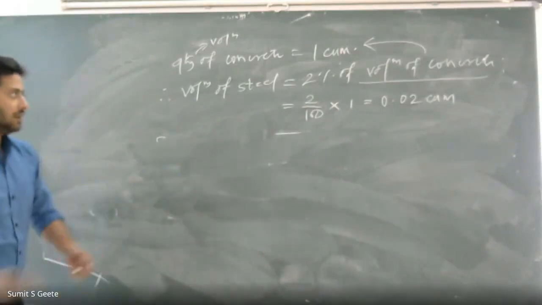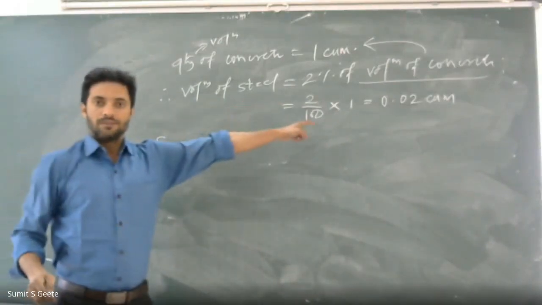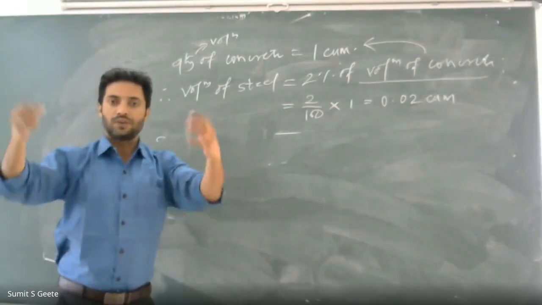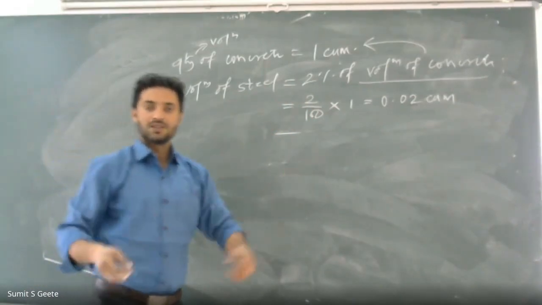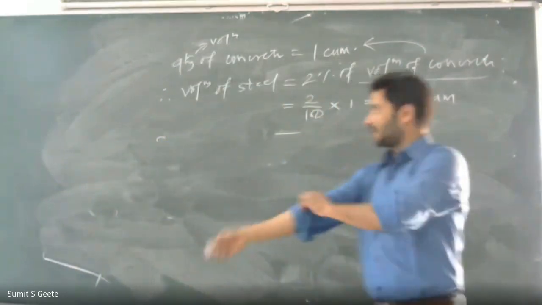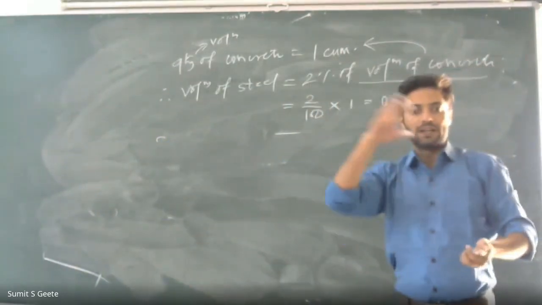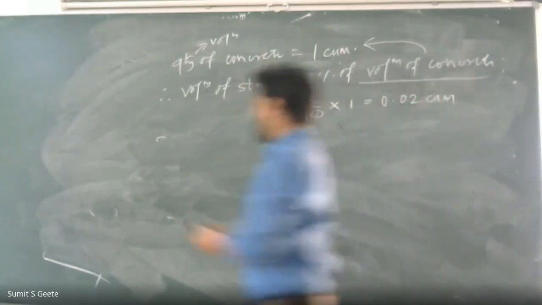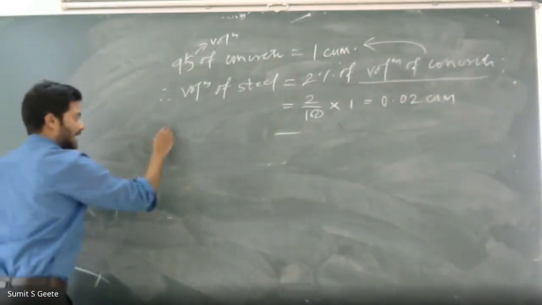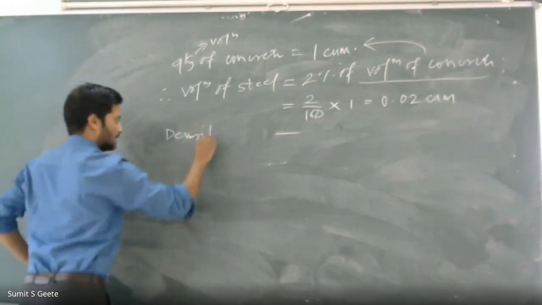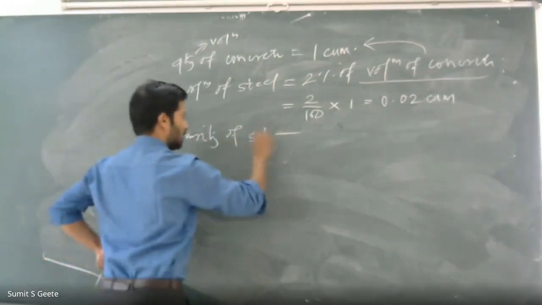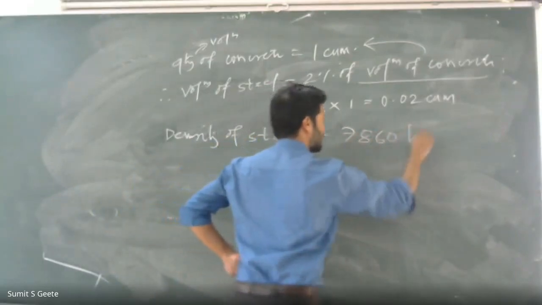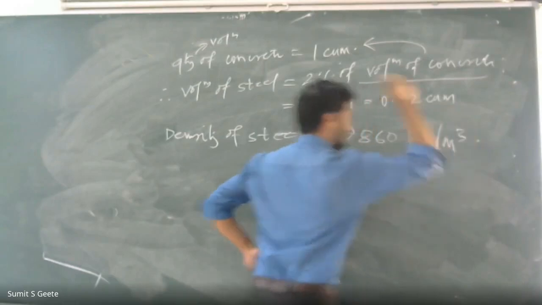Now, this is the volume of steel, but we measure the steel quantity in kg or metric ton. So now it is necessary for me to convert this volume into kg. I know that the density of steel is 7860 kg per meter cube.